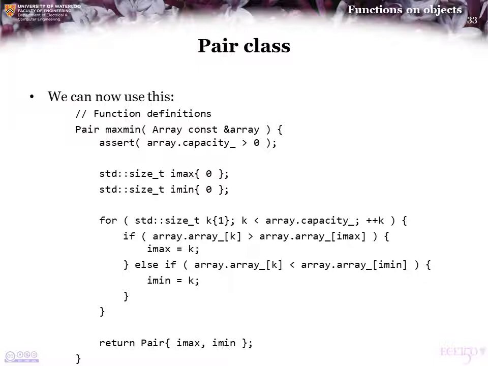Having looped through the entire array, we now return a pair where the first entry is initialized with the value of the local variable imax, and the second is initialized with the value of the local variable imin.